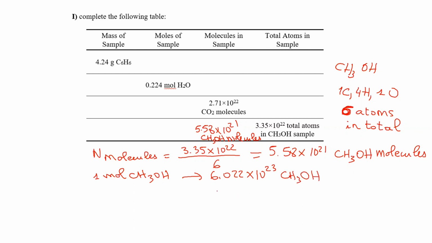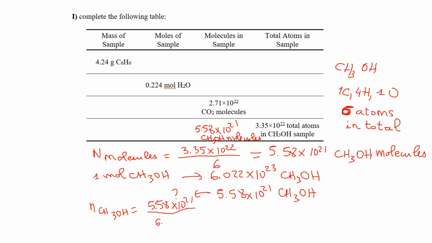So if I have 5.58 times 10 to the power 21 CH3OH molecules, the number of moles n of methanol will be equal to 5.58 times 10 to the power 21 divided by 6.022 times 10 to the power 23.